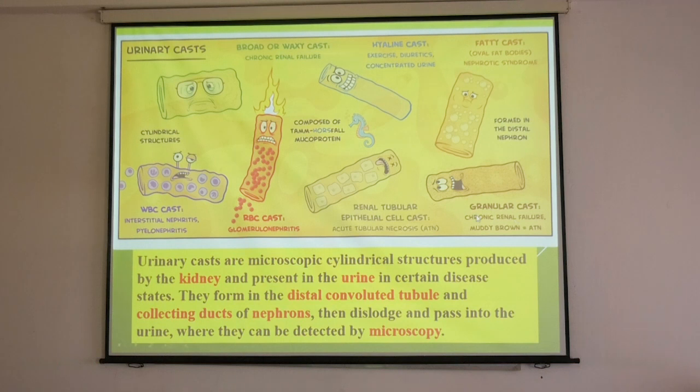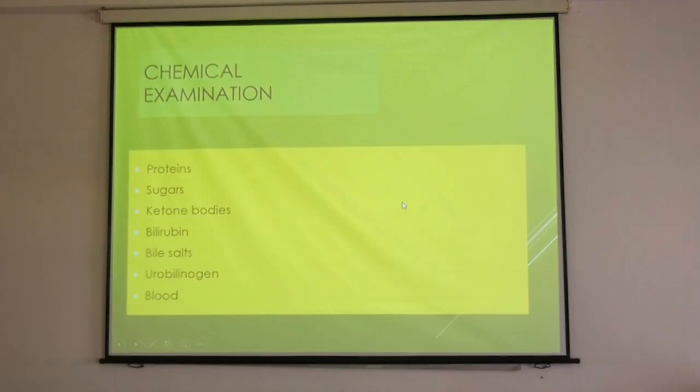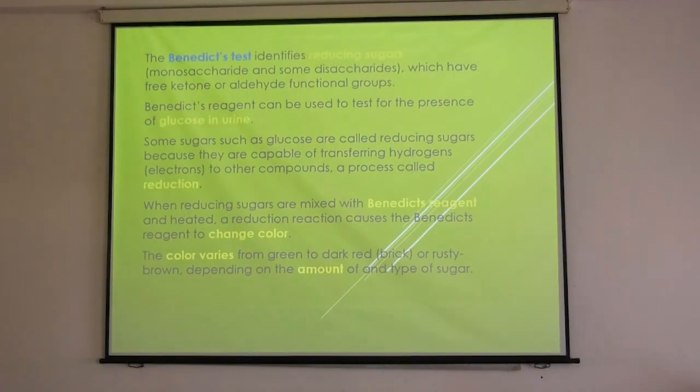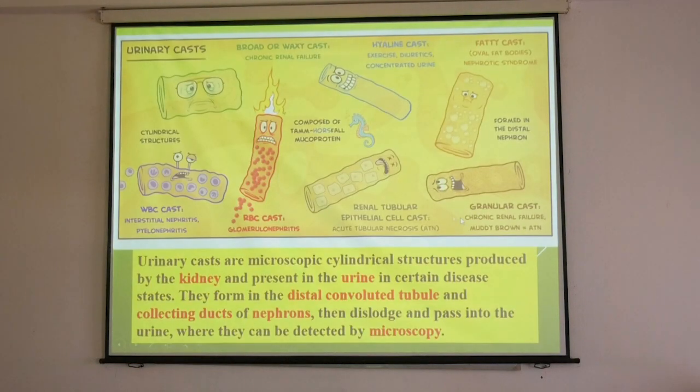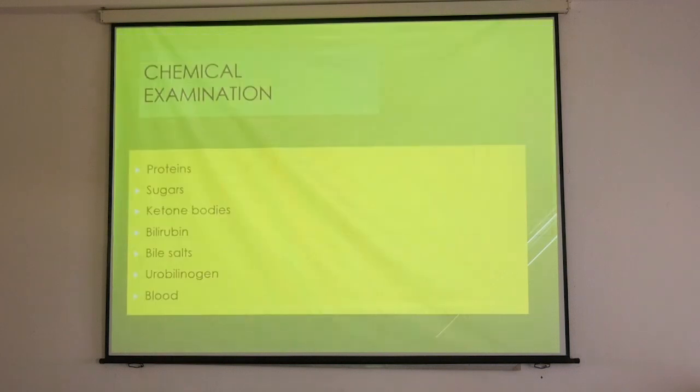If the cast is granular, or you can see granules under the microscope, here we can see granular cast. And if the cast has epithelial cells, then it is called renal tubular epithelial cast. So just remember, there is something called cast. Okay. Then from here, start writing.